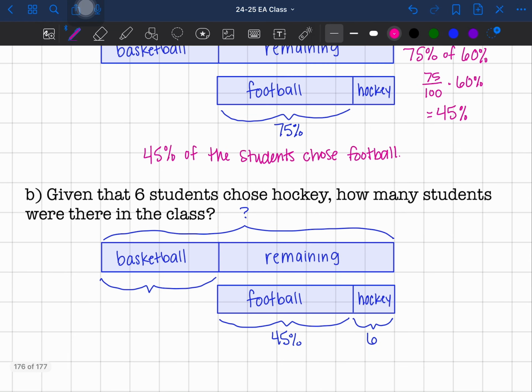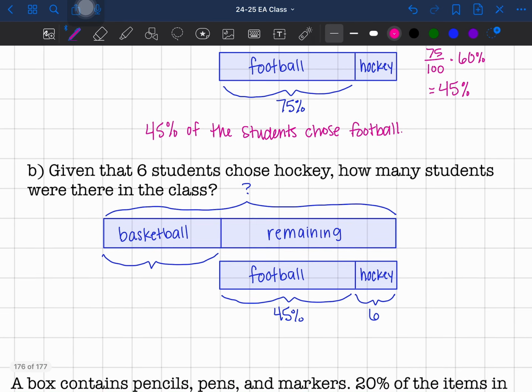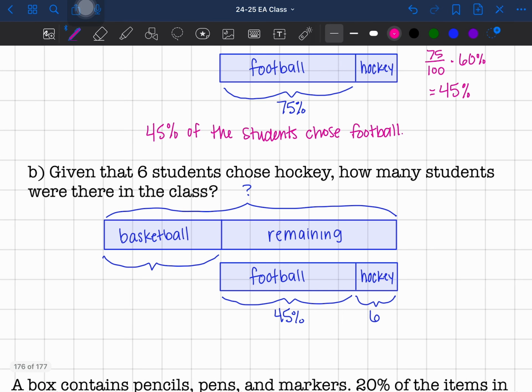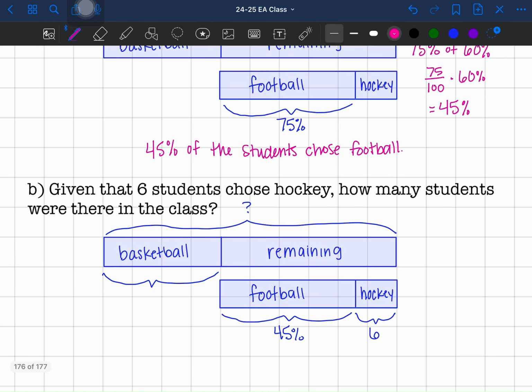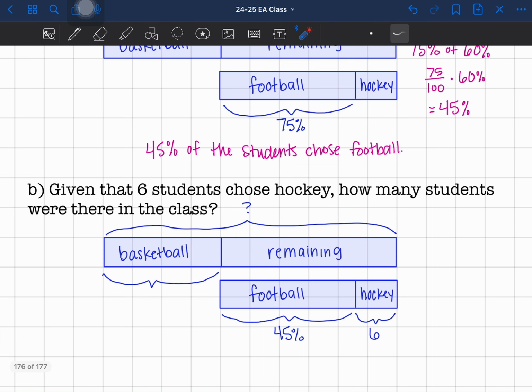Given that 6 students chose hockey, how many students were there in the class? So now we're taking our 45% and we're using that information. If we remember from our problem, we know that 40% like basketball, 45% like football.